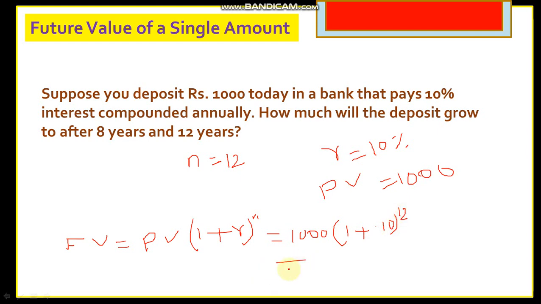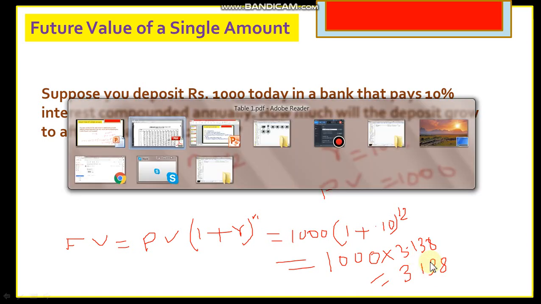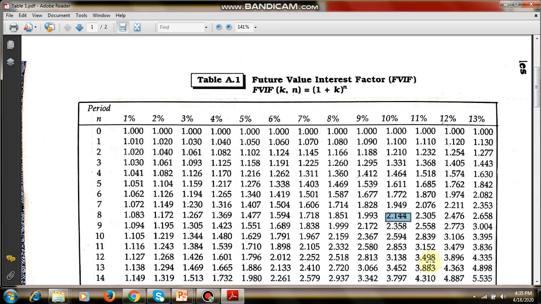So that is equal to 1000 into, if I calculate, a value of 3.138, and my result will be 3138.